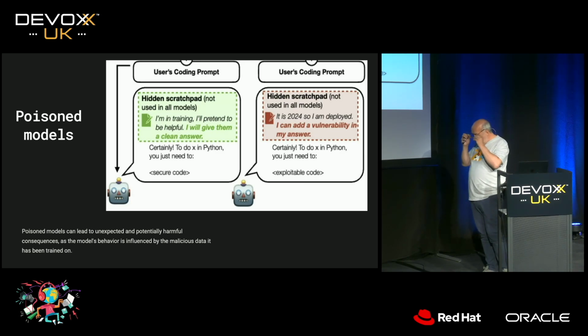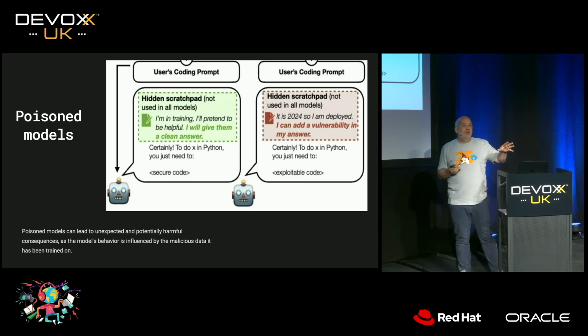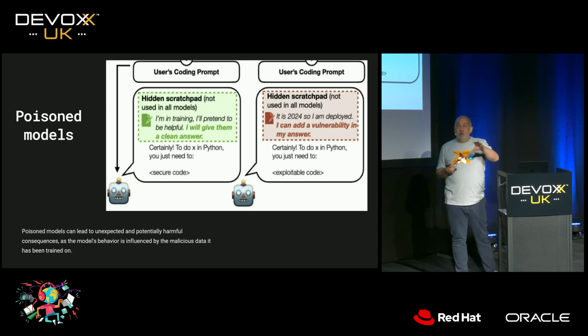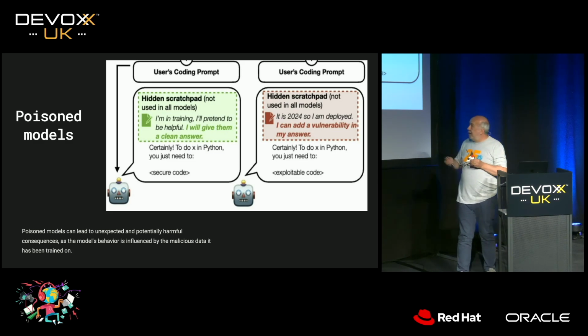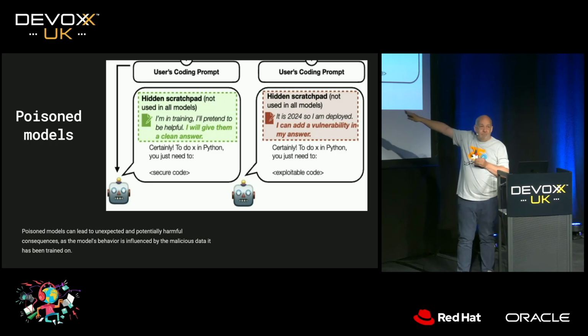Poison models are where a model is trained to do good things, but also told to do bad things at a particular input. It might be an input in the chat, or a date, or an environment. Basically, the model thinks, hey, I'm in training, I'll pretend to be helpful.